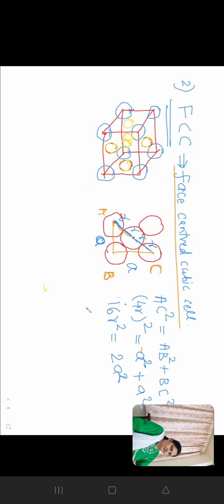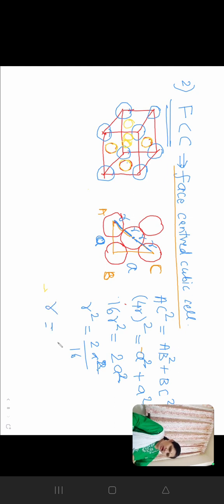Followed? So what is R? R square is equal to 2A square divided by 16. R square equal to A square by 8.